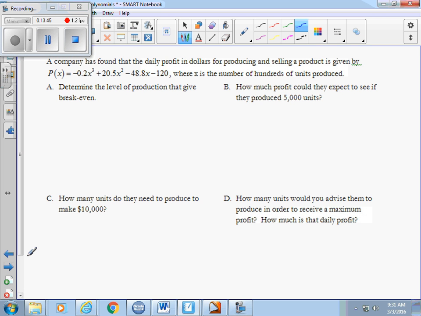All right, let's look at this next one. A company has found that the daily profit in dollars for producing and selling a product is given by that function, where X is the number of hundreds of units produced. Determine the level of production that gives a break even.